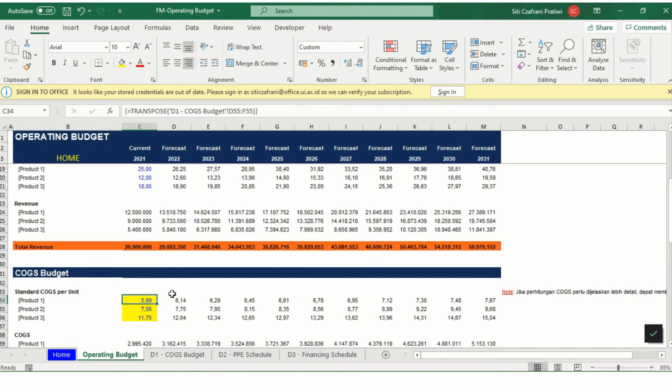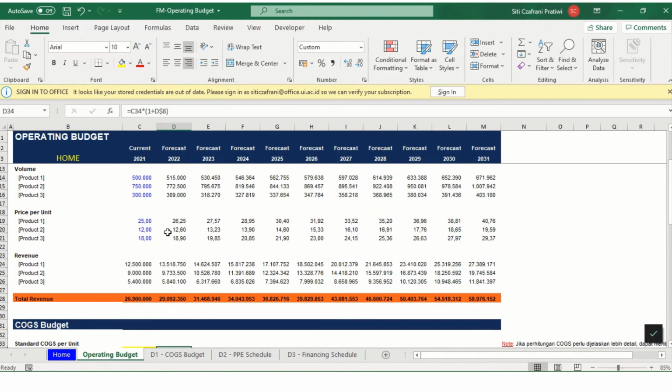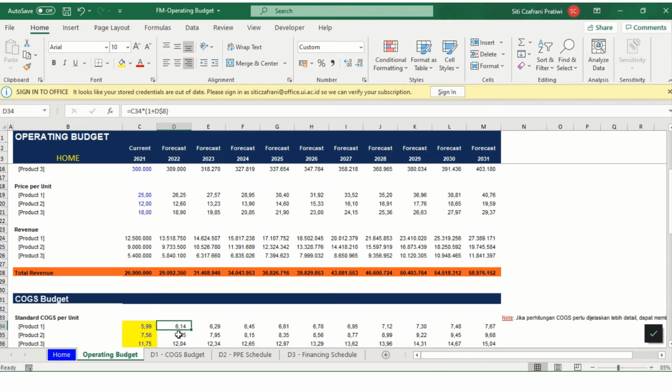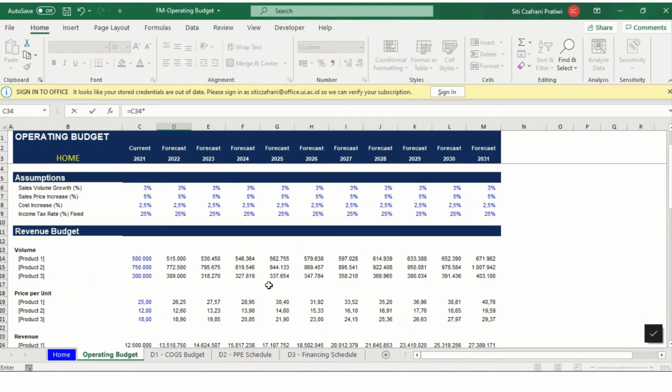And after that, for the cost of goods sold in the following forecasted years, you simply follow the similar steps as we conducted before in computing the price and volume. You simply multiply the cost of goods sold in year one here by one plus the growth of your cost increase.